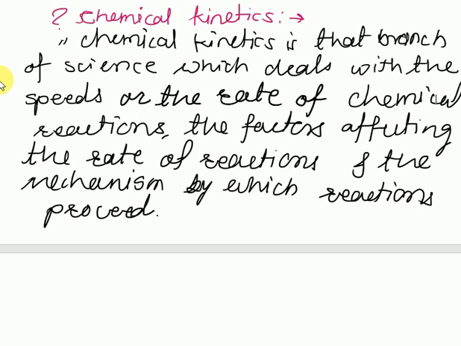This is chemical kinetics. Chemical kinetics is that branch of science which deals with the speed or the rate of chemical reactions, the factors affecting the rate of reactions, and the mechanism by which the reaction proceeds.